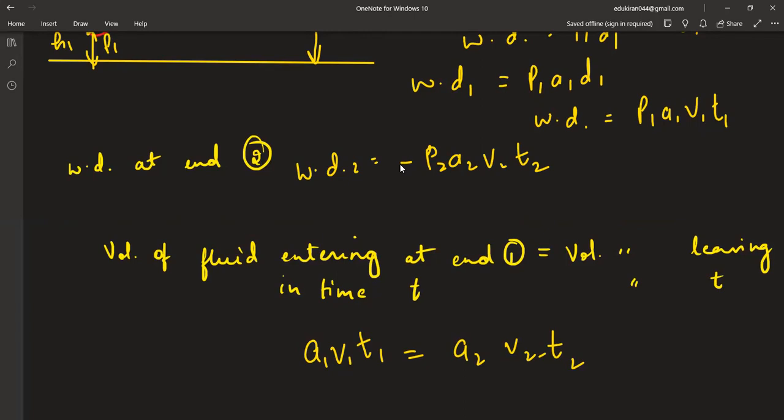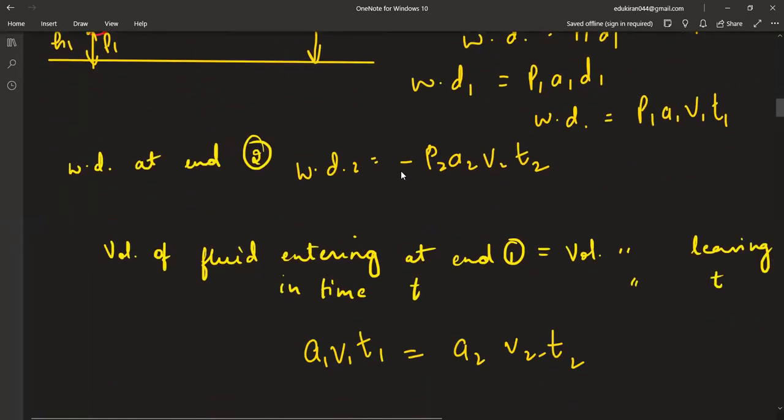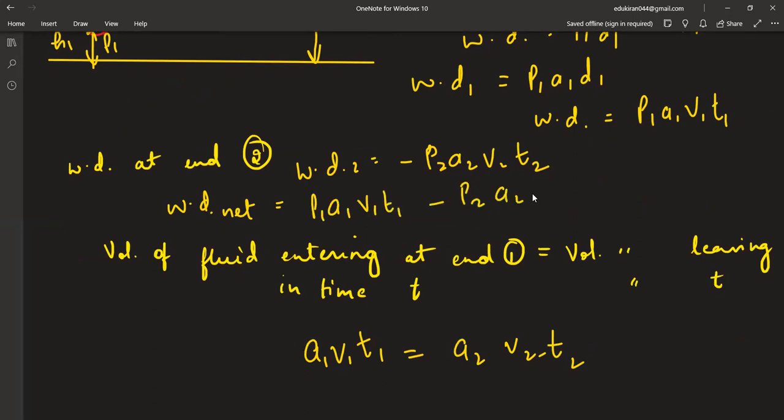Now why the minus sign? Because work is being done in the opposite direction. Here the distance was this, force was this. Here the distance is this and the force is this. At the second end the angle is 180 degrees, at the first end the angle is 0 degrees. So the net work done will be, they will get subtracted: P1 A1 V1 T1 minus P2 A2 V2 T2.